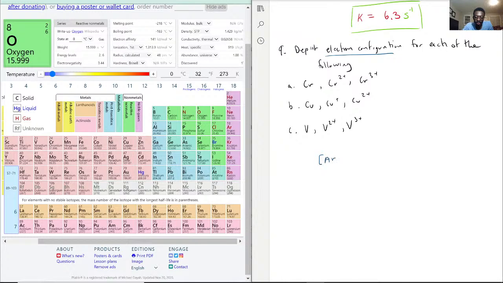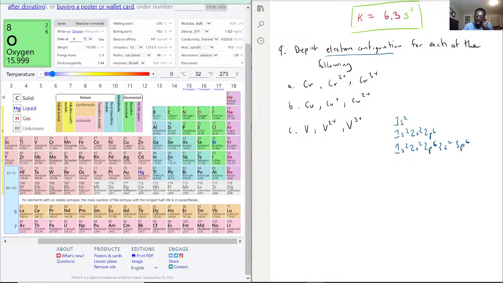To get to helium, it's 1s2. Neon is 1s2 2s2 2p6, and then argon is 1s2 2s2 2p6 3s2 3p6.